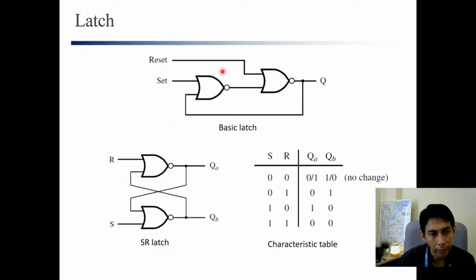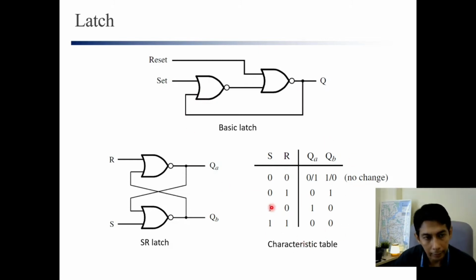This is a very basic latch, called the reset and set latch, or SR latch. The design or schematic is just like this, where you have the feedback. One of the inputs is the feedback from the output.